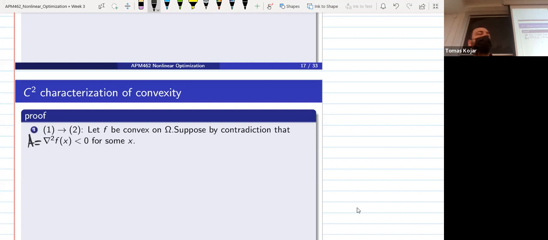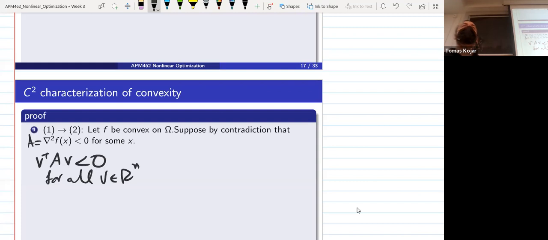So when I say negative, I mean V transpose A V would be negative. Because it's exhausting to keep writing V transpose A V for all V in Rn, from now on we're just going to write this, and you're free to write it as well. And we just mean this statement over here. Okay? Do you understand? Good.